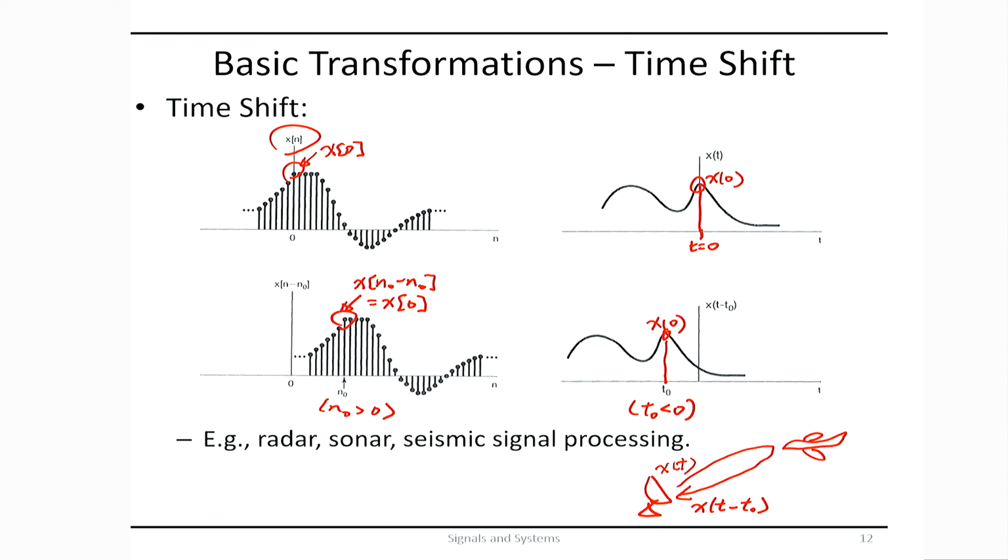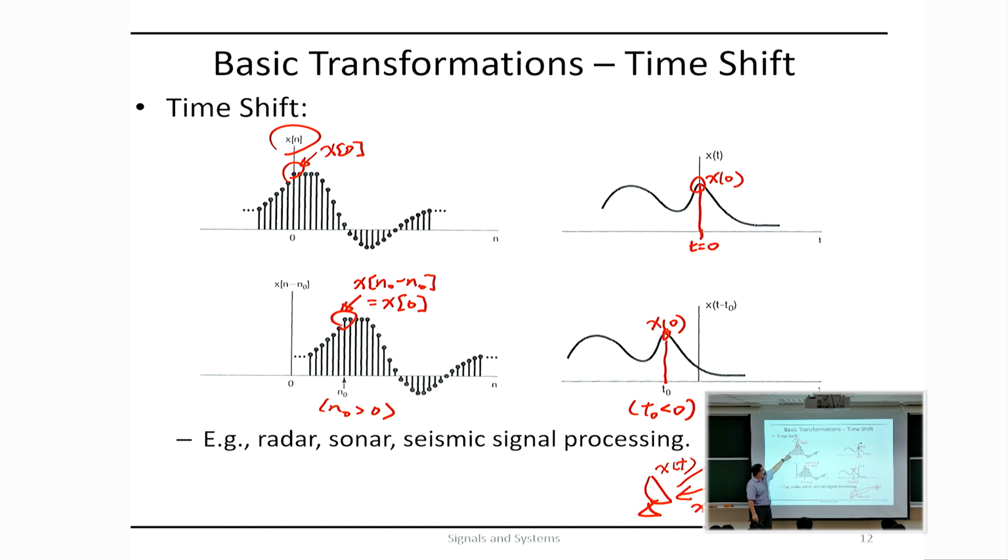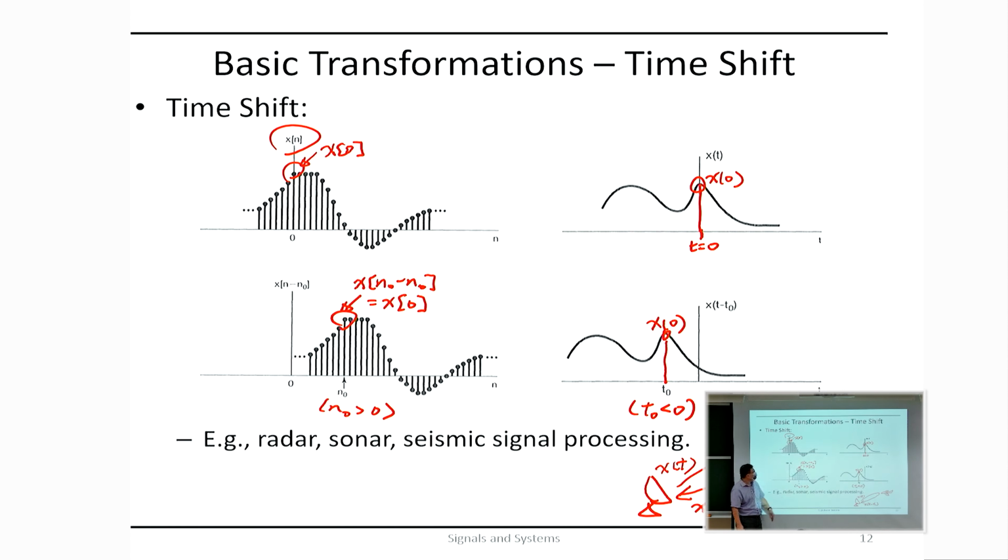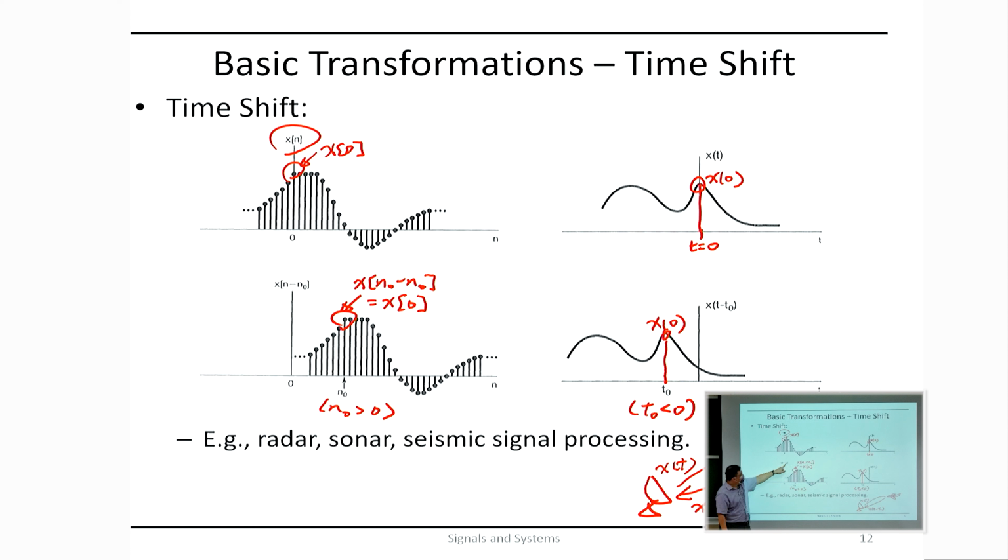So yesterday we started to talk about a few basic transformations of the independent variable. The first kind is time shift, which refers to shifting the signal in time either to the right or to the left of the origin. A time shift can be represented as the original signal x of n minus this time shift n naught. If you have x of n minus n naught, with n naught being positive, then you're moving this signal to the right by n naught.